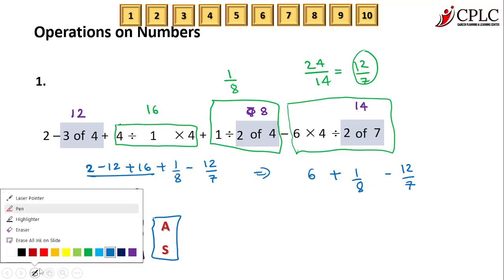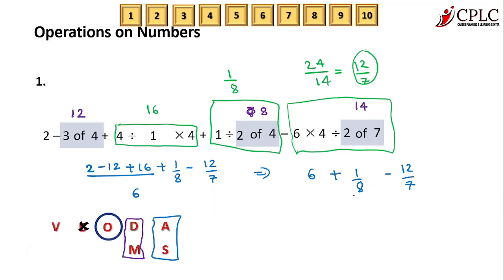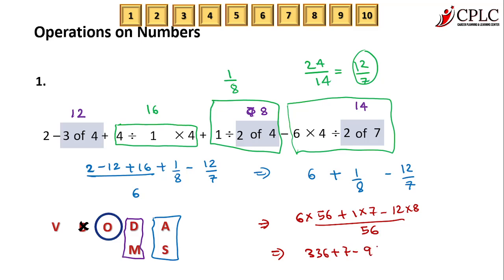What we have to do is obviously take LCM and then simplify the numbers. So 8 and 7, the LCM is 56. So this becomes 6 into 56 plus 1 into 7 minus 12 into 8, the common denominator 56. So this becomes 336 plus 7 minus 12 8s are 96. So that is 343 minus 96 upon 56.